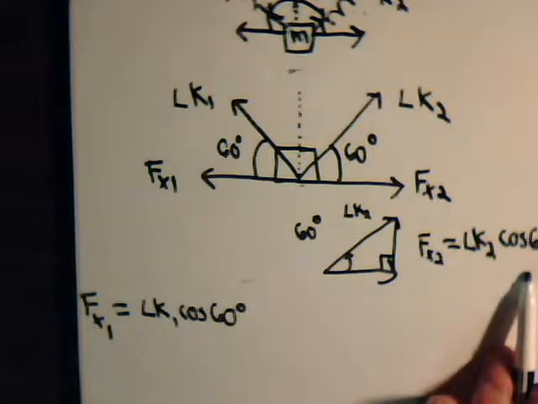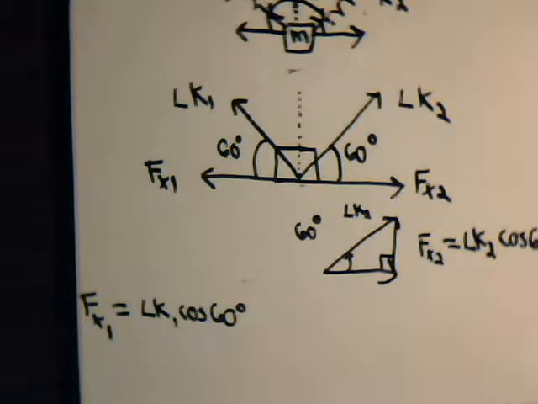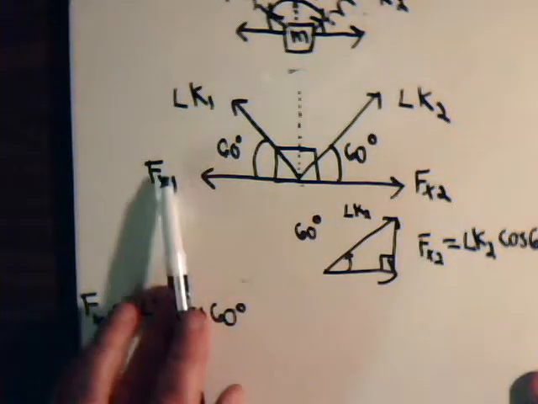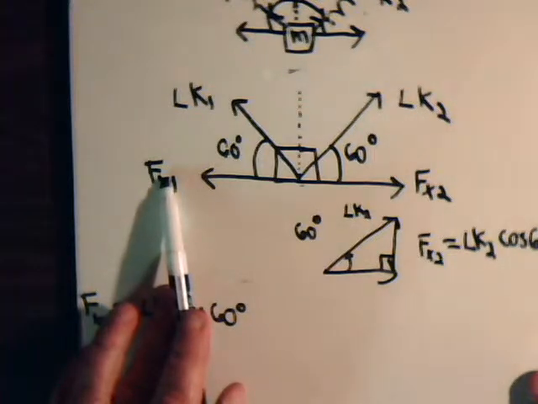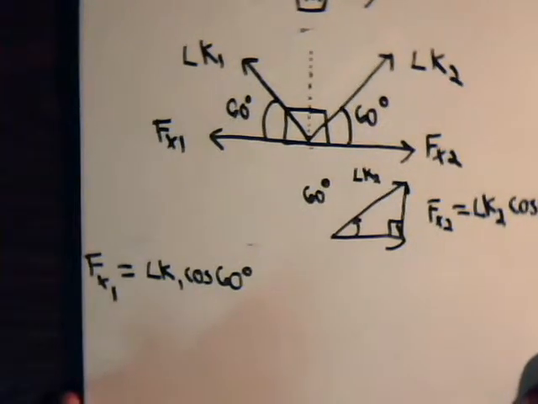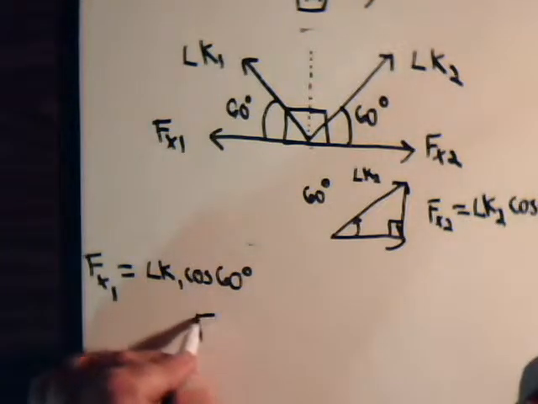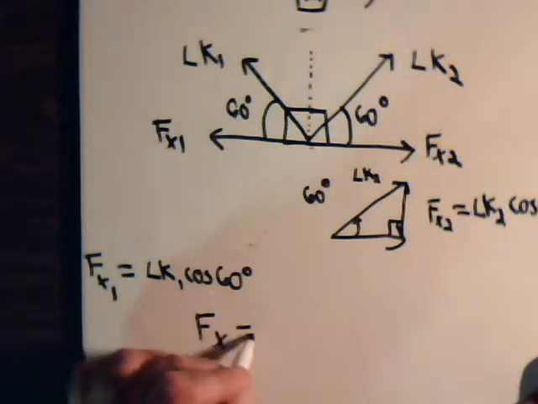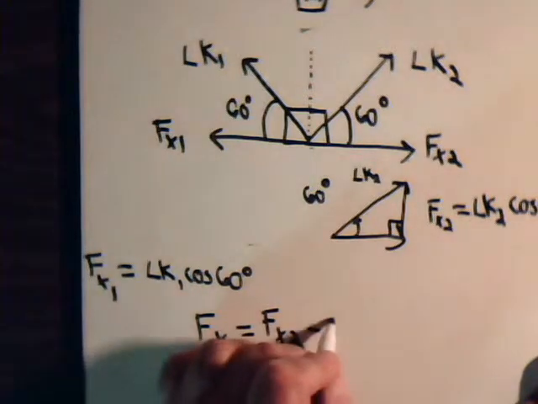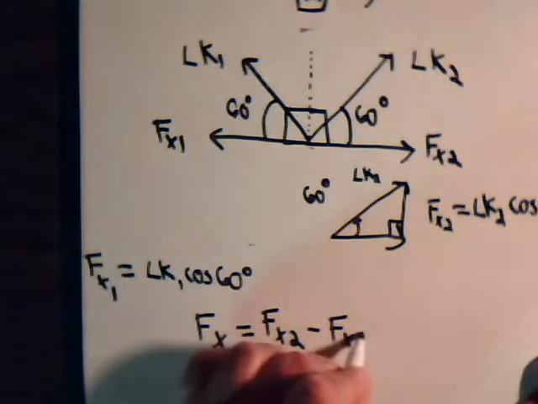That's this. So the net force acting in the x direction would be this minus this. So the net force in the x direction, call that f of x, equals Fx2, say, minus Fx1.